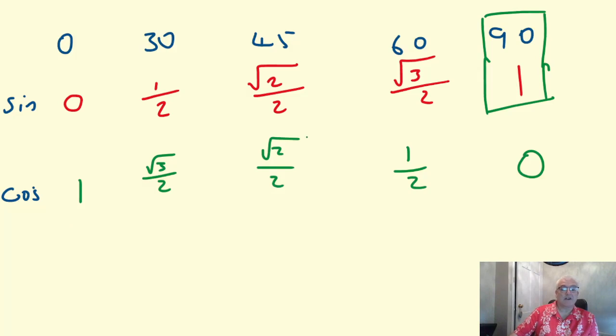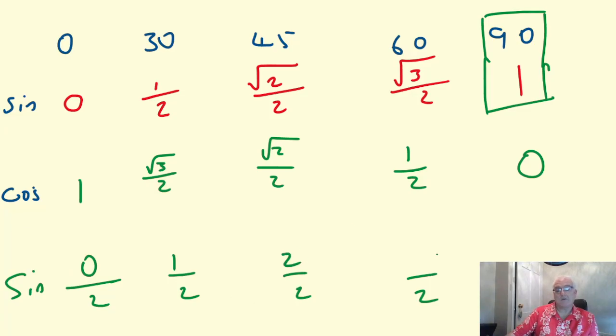A little bit of a trick is if you think sine, if I divide by 2 on each number, let's start with sine: 0, 1, 2, 3 and 4, all divided by 2, and what happens on each of these is that the top number is square rooted.